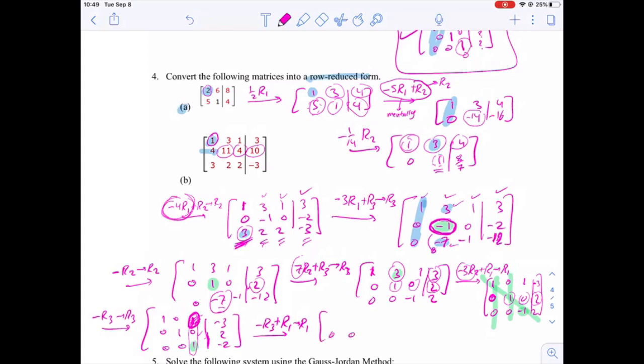So the last one will not be affected. We multiply -1 by row 3 and then we add that to the first line. The first element here will not be affected because it corresponds to 0, and this will not be affected because it corresponds to 0. Now we multiply this one by -1 and add it to +1, that gives 0.